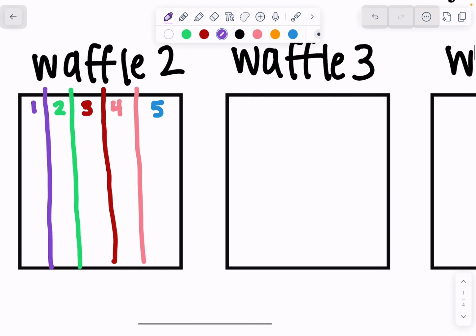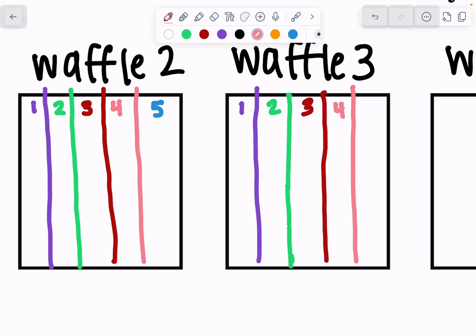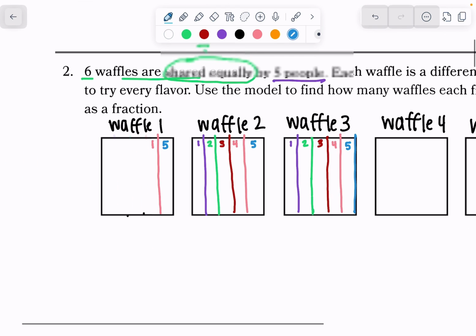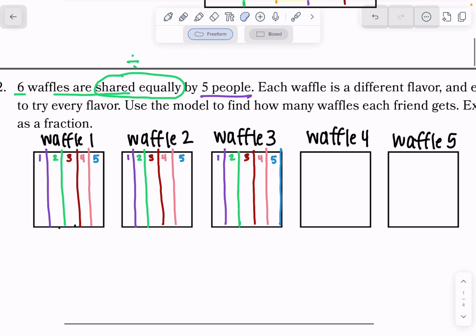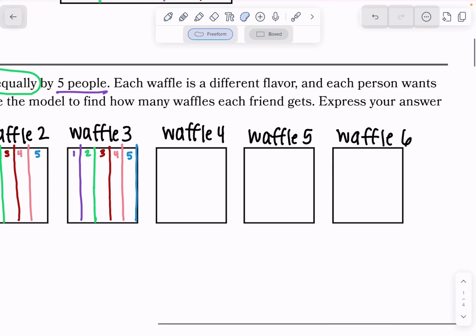So friend number 1 gets this taste. Friend number 2 gets this taste. Number 3 gets this taste. Number 4 gets a taste, and number 5 gets a taste. Okay, so as you can see, it's going to be the same for each waffle. So I'm honestly just going to copy and paste.